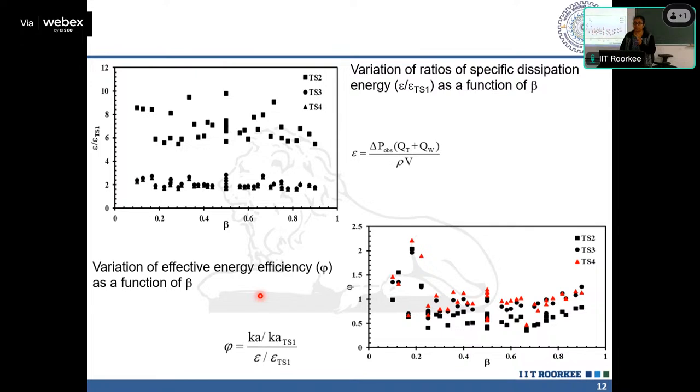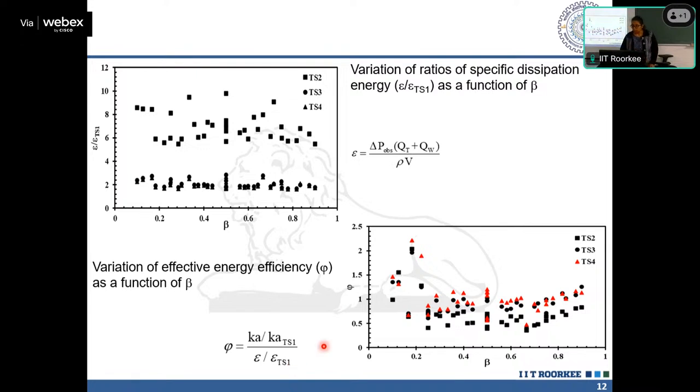But how much of this additional energy is actually increasing the mass transfer coefficient is estimated by this ratio. So it is the mass transfer coefficient of the particular test section by the mass transfer coefficient we got in TS1, divided by the viscous dissipation of that particular setup divided by viscous dissipation of TS1. So the idea is to find precisely what fraction of energy is going to enhance the mass transfer coefficient directly.